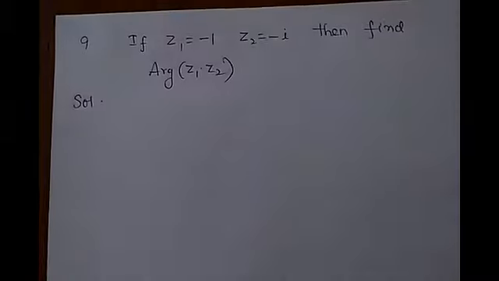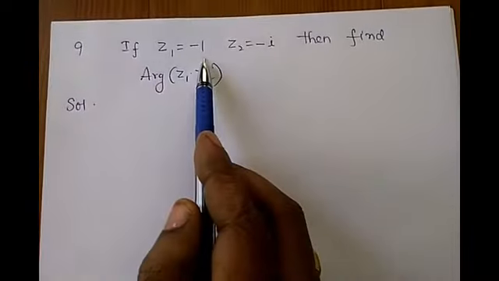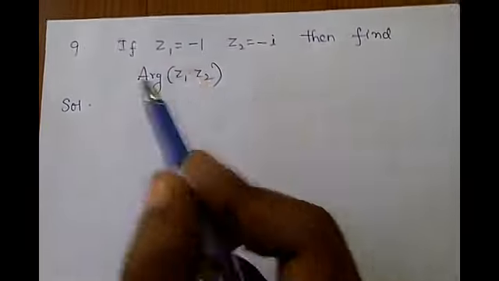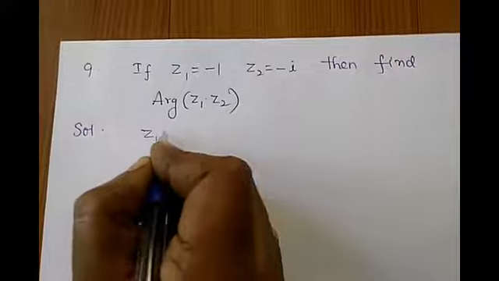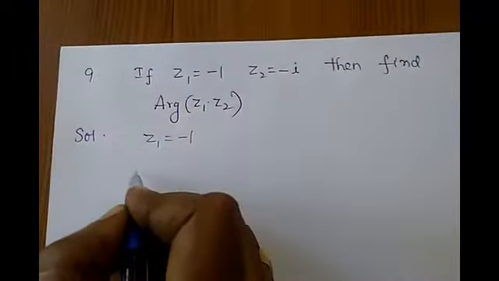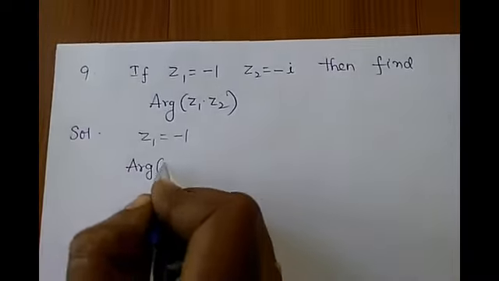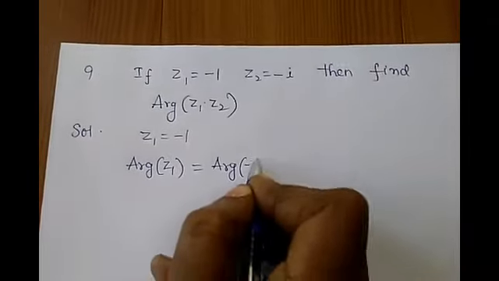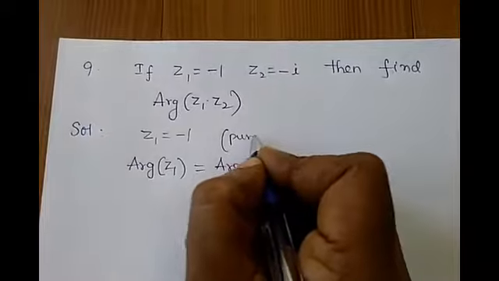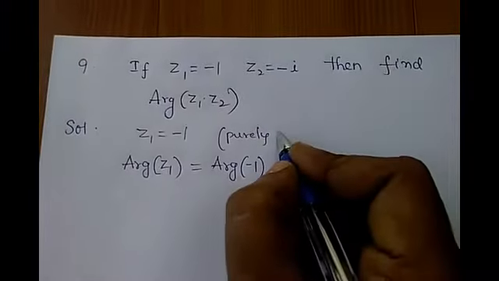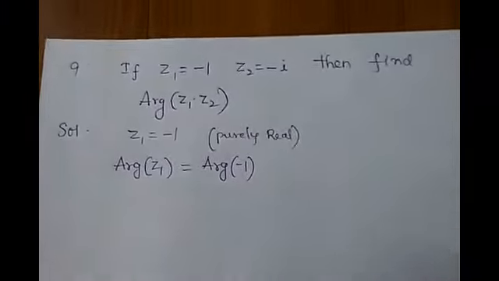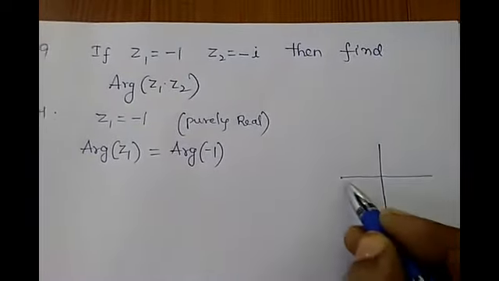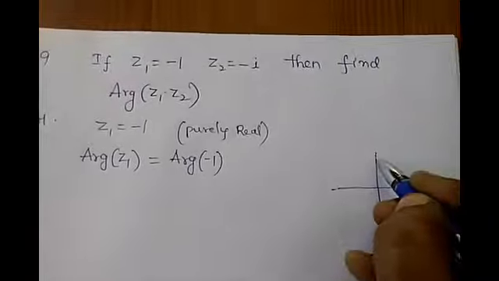Okay. Next problem: if Z1 is equal to minus 1, Z2 equal to minus i, then find argument of Z1 into Z2. Given Z1 is equal to minus 1. Argument of Z1 is equal to argument of minus 1. Minus 1 is a purely real number, so it lies on the real axis.